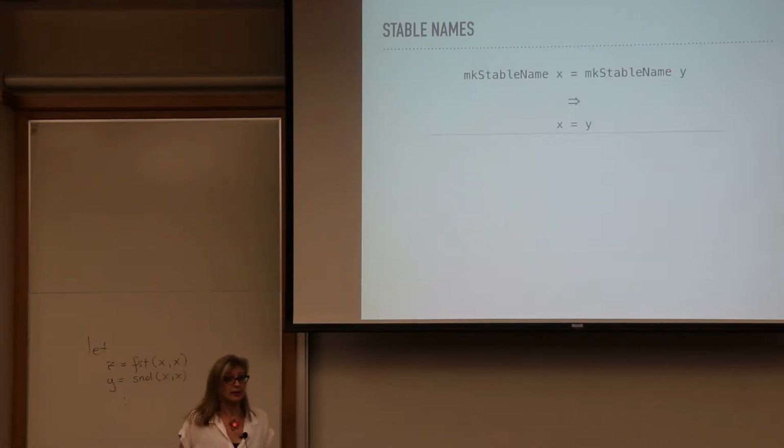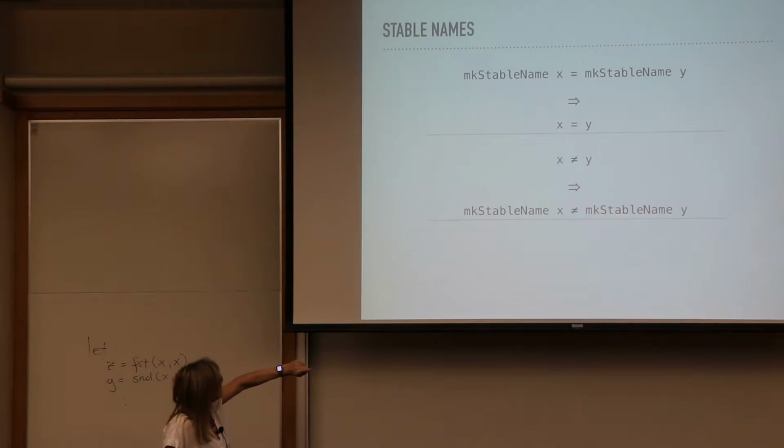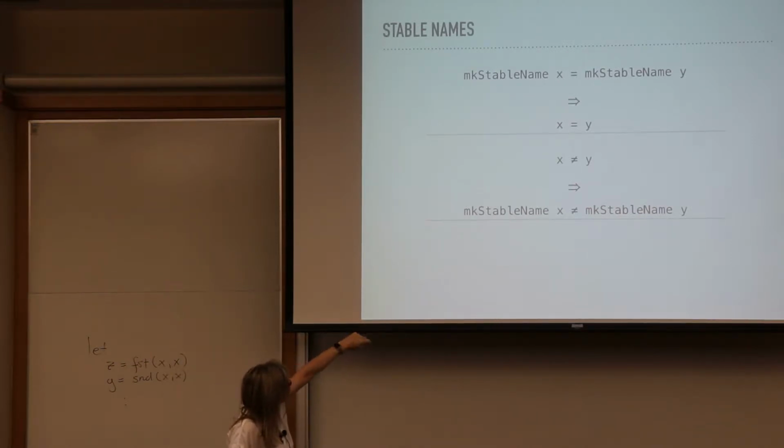So there are some guarantees about stable names. If I get the same stable name for two objects, then I know these objects are the same. So there are no false positives here.